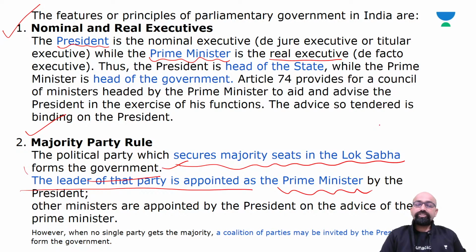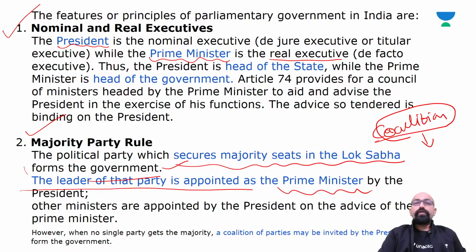For example, after the general election, in case no single party gets the majority, a coalition of parties, that is a group of parties, may be invited by the president to form the government.